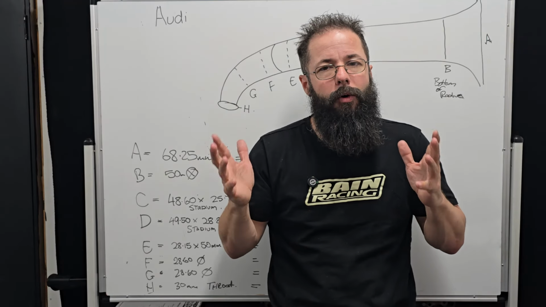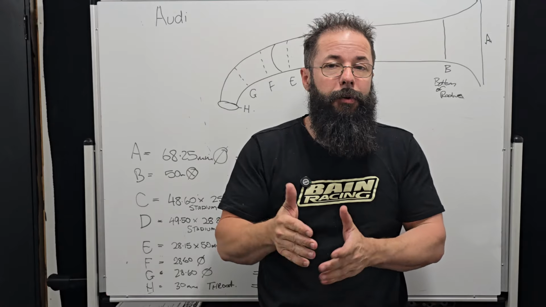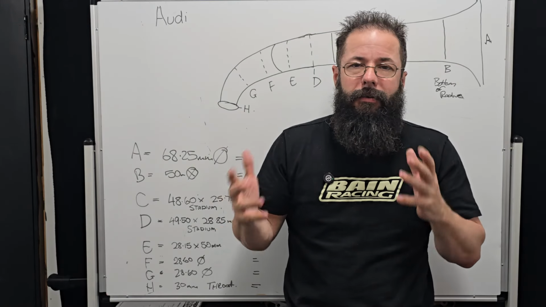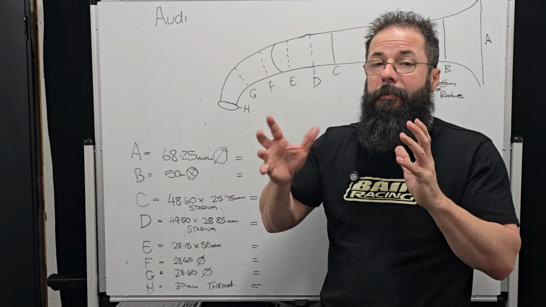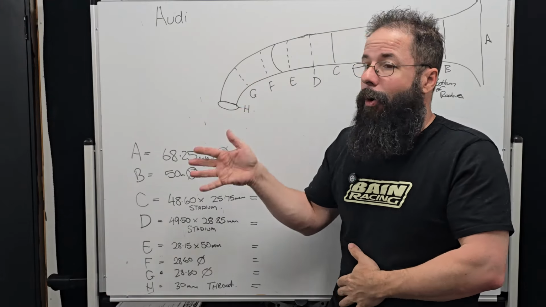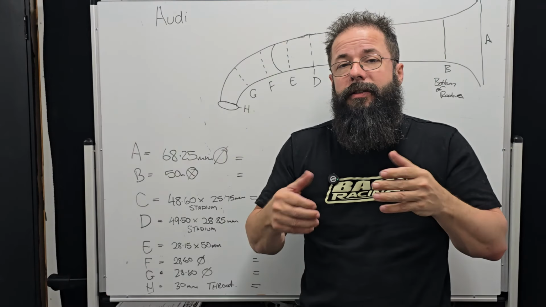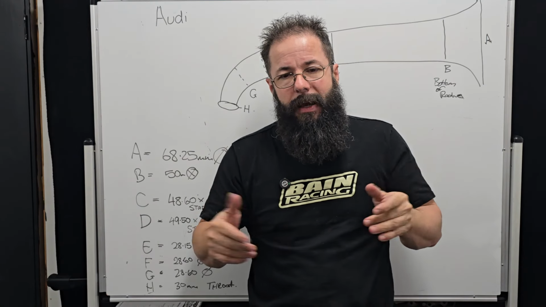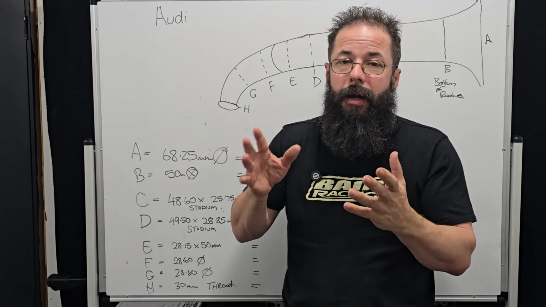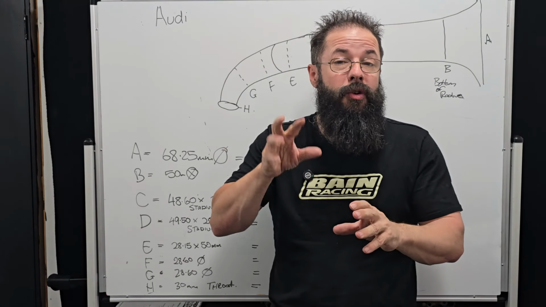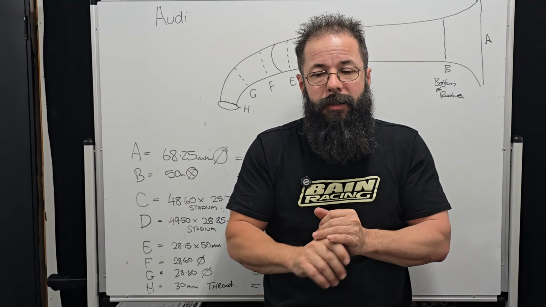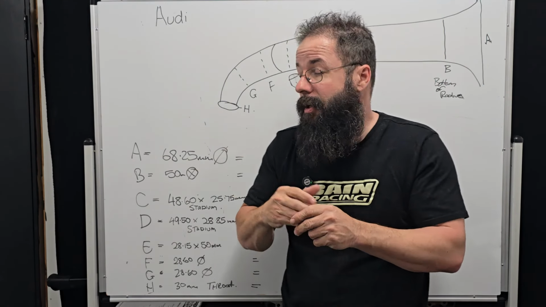That port is far more efficient and will fill the engine and make horsepower, right? It's all about how much energy we have in that port and how efficient the port is. Low velocity costs us horsepower, so we don't want that. This is where the Audi head does the transition really well, as you've seen in the photos there.